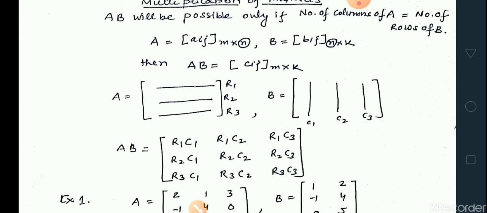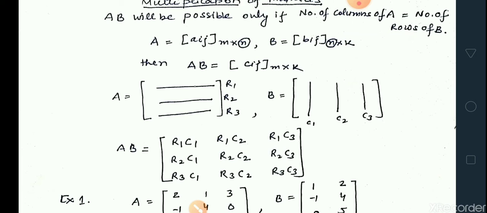Suppose A is equal to Aij of order m cross n, and B is another matrix of order n cross k. Then AB will be Cij, it is symbolic, a matrix of order m cross k. Have a look.